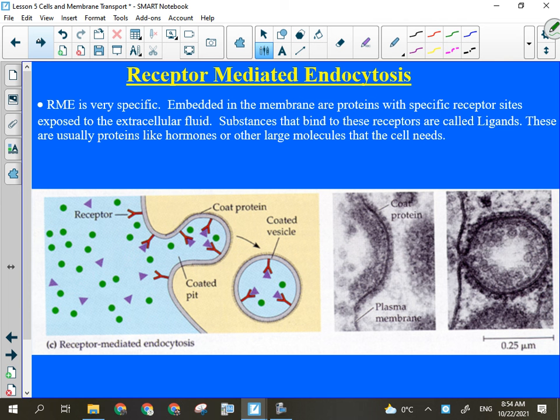It would be an antenna for every radio station. Right? That's what the cell membrane is like. There's a different receptor. They all have a different shape. Okay? So you can see in this diagram here, the receptor they're talking about is receiving triangular signals. There would be another one that would receive circular signals. Okay? And so there's a receptor for each signal that it would get. Okay? When that receptor is triggered, then boom, the membrane engulfs that material.